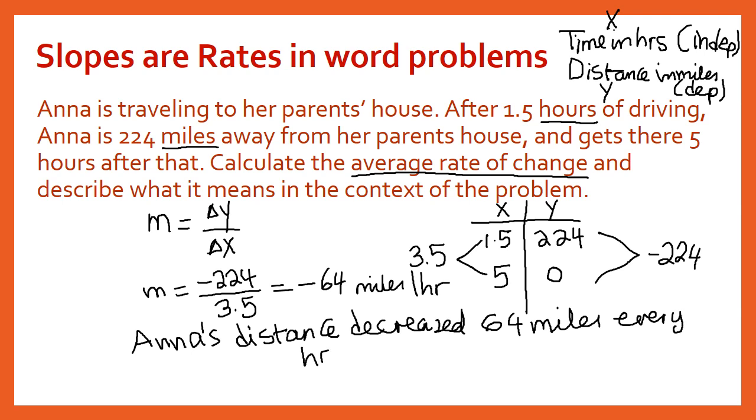And this is what the slope means in the context of the story: Anna's distance decreases 64 miles every hour.